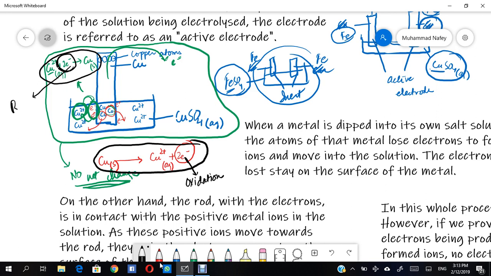Therefore, this is a reduction reaction. Now remember, this is not an electrolytic cell. Why? Because there's no battery, there's just one rod being dipped into this solution, and because it's not connected to any power supply, it cannot be an electrode. It's a simple rod, nothing else.